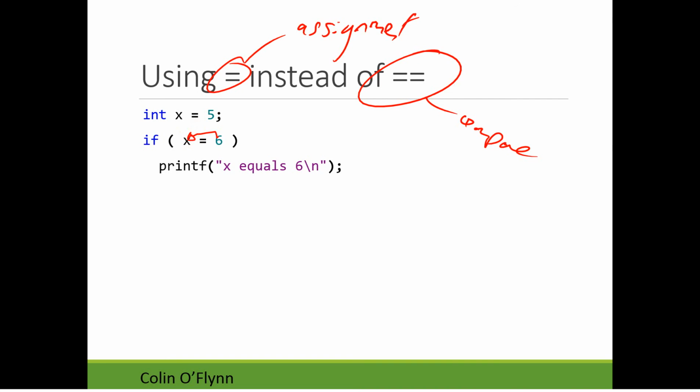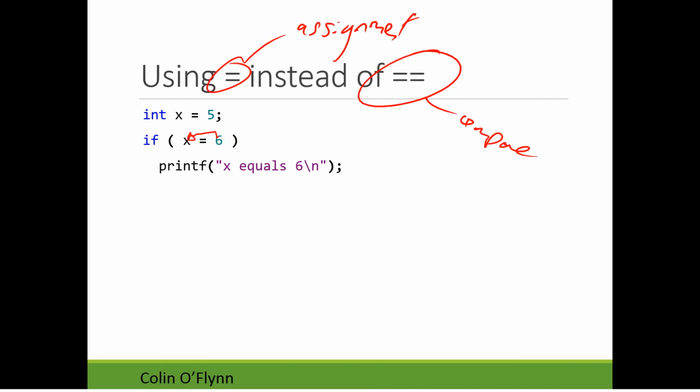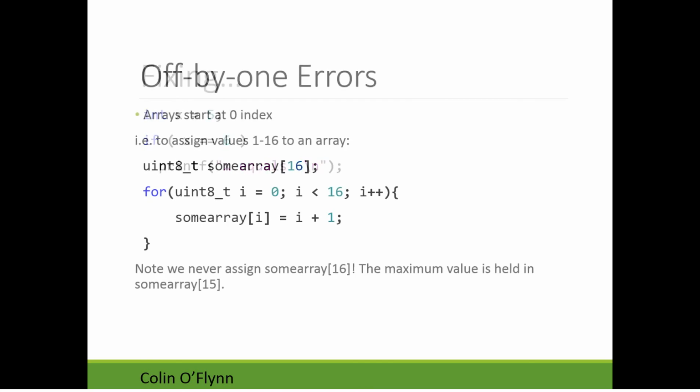With this, it's going to assign 6 to the value x, and then if x is not equal to 0, this if statement will execute. So this if statement is always going to execute, and the value of x will be assigned to 6. That's a really easy mistake to make, and most of the time you always want to use the equals equals. So lint will catch that pretty easily. So fixing would be to change that.